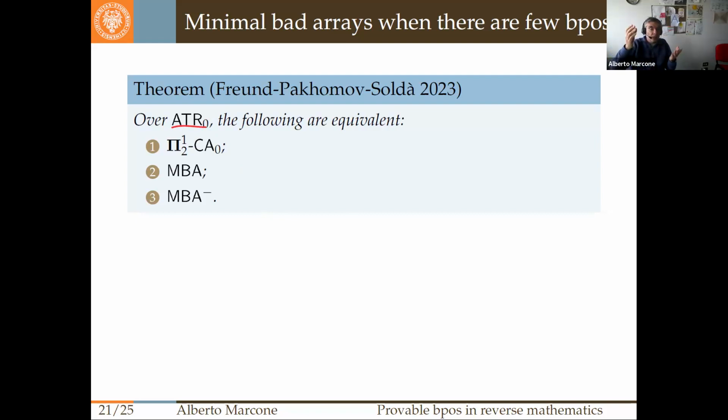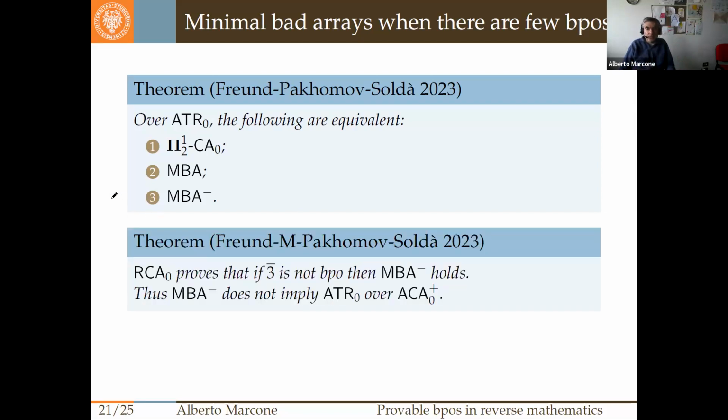So obviously one wonders, can we weaken this theory? Ideally down to RCA_0. And using our results, we were able to prove that for MBA minus, this is not really possible. Because in RCA_0, if Freund's bar is not a better partial order, which is compatible with RCA_0 by Freund's result about bar, then actually MBA minus will hold, because the partial orders which are not better partial orders are very easily characterized as the ones containing either 1 + 2 or bar.